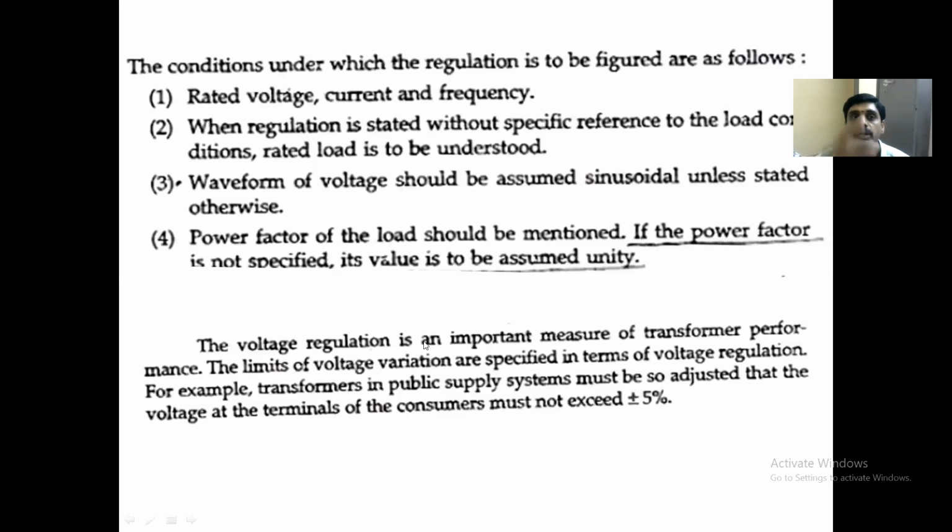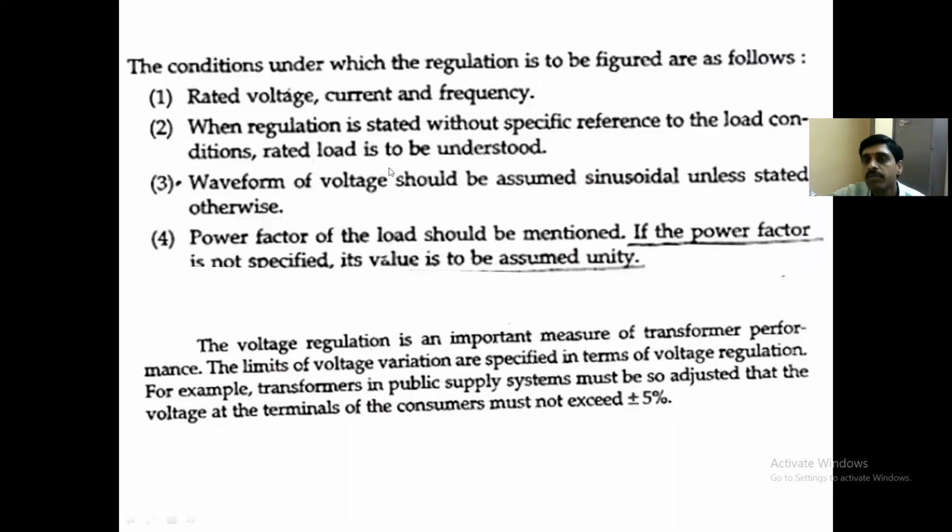Okay. So let us see some conditions under which regulation is to be figured. What are these conditions? Rated voltage, current, and frequency. When regulation is stated without specific reference to the load conditions, if load is not mentioned, we have to take rated load. Waveform of the voltage should be assumed sinusoidal unless stated otherwise.